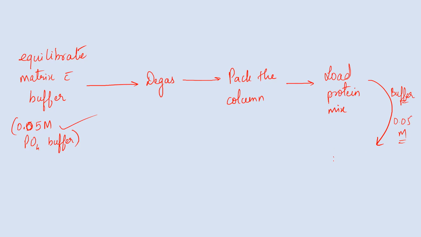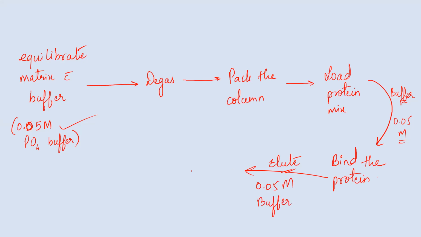After the binding procedure is over, now you have to elute. So load the buffer, bind the protein mix, and now the next thing is to elute. After you start the elution procedure, you pass, say, 0.05 molar buffer through the column, and collect the filtrate, or the eluent.